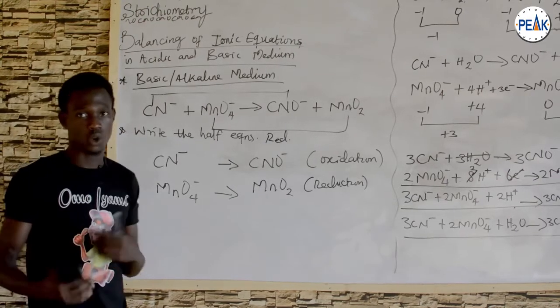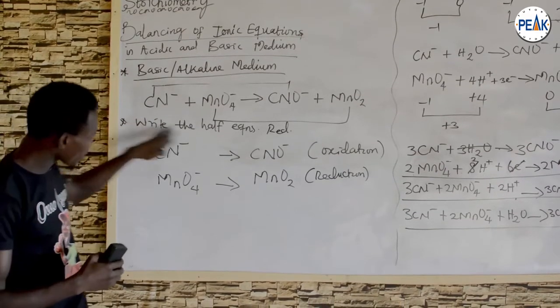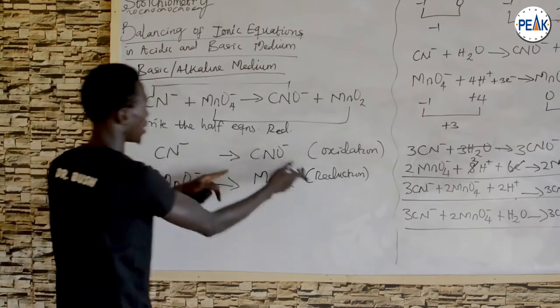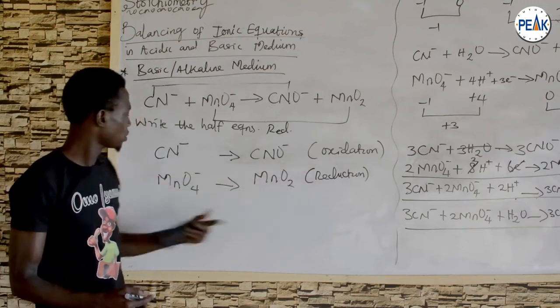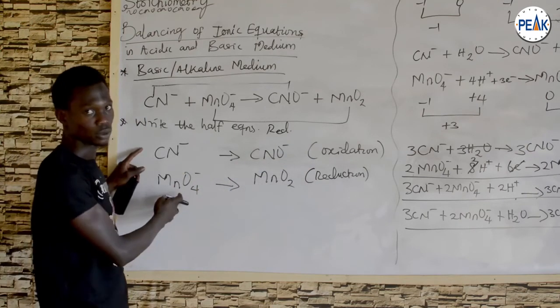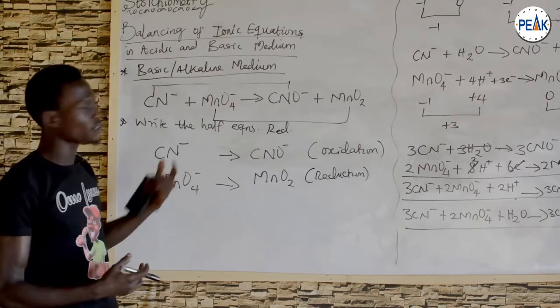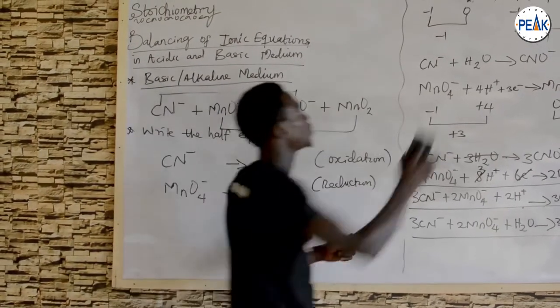Same way we did it for acidic medium, we are going to write out the half equations. The half equations are these we've written before. That's CN minus going to CNO minus, and then MnO4 minus going to MnO2. Write out the half equations. Here they are. Now we're also going to pick them one after the other to balance them atomically and ionically. So let's do that.